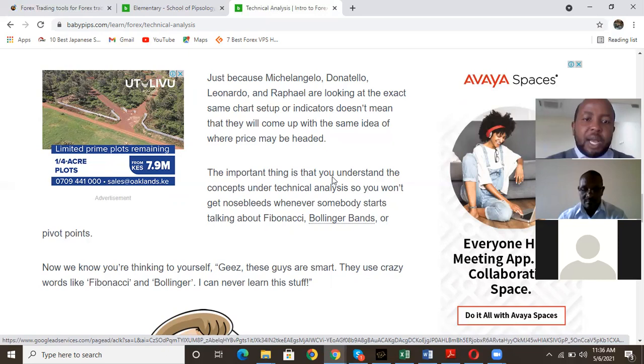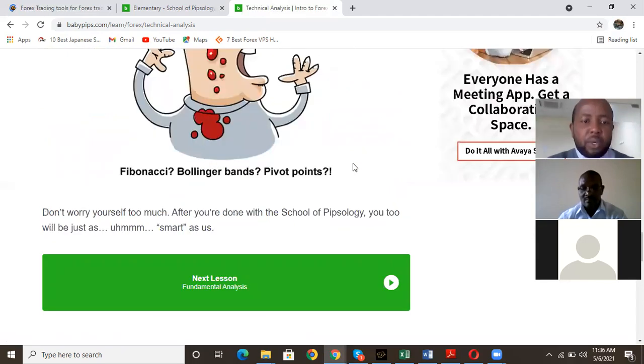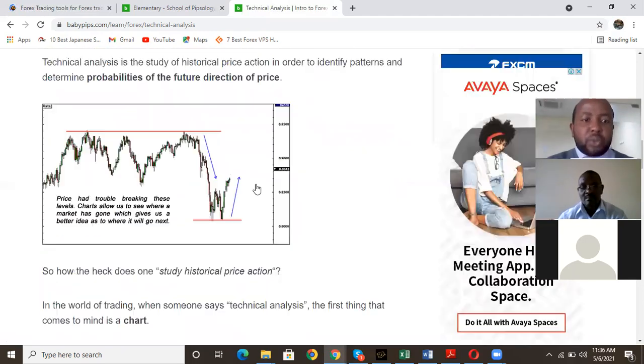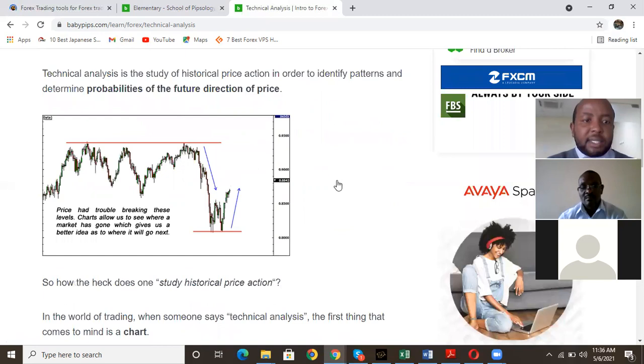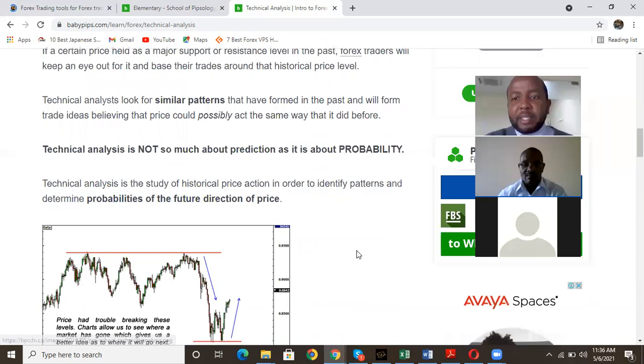We'll be talking about things like Fibonacci, Bollinger Bands, or even pivot points. All you need to understand is that technical analysis is more about probability, not prediction. All we need to understand is where the market will go in the next 5 minutes, the next 1 hour, 1 day, 1 week, and so forth. So that's what technical analysis is all about.